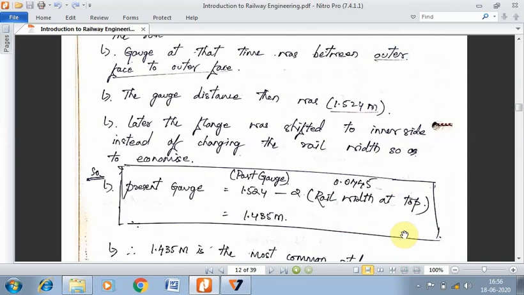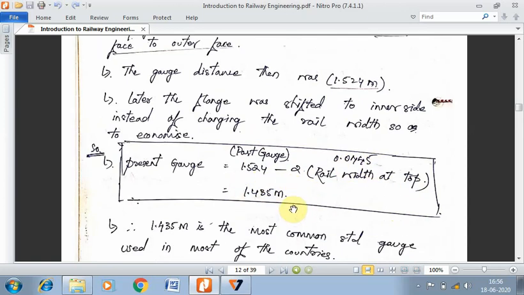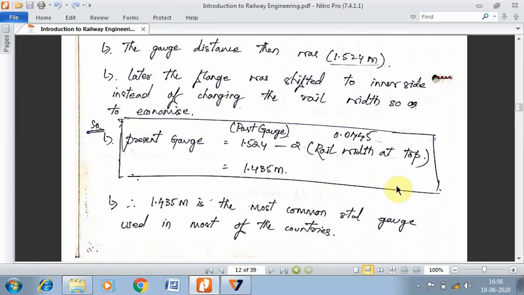The present gauge is equal to the past gauge, that is 1.524 meters, minus 2 times the rail width at top, that is 0.0445 meters. So it comes to around 1.435 meters.